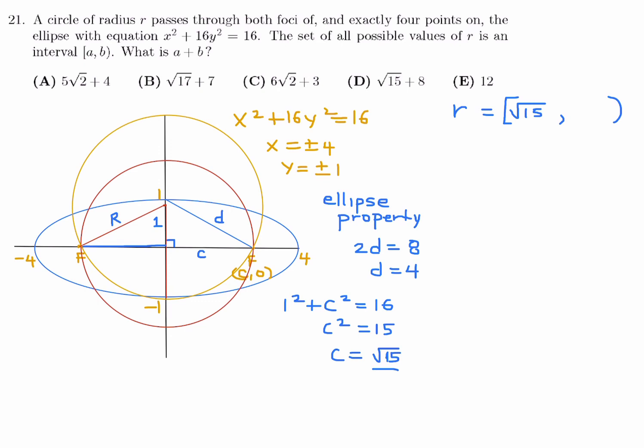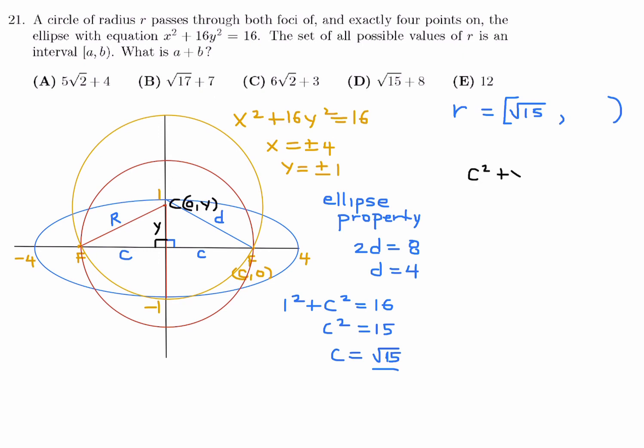From here to here is C. And if this is the center of the circle, I'll call it center. The x-coordinate is of course 0, but the y-coordinate, I'm not sure, so I'll write y. I'm going to get rid of that 1 there because I'd like to label the distance from the center to the x-axis as y. So now using Pythagoras on this right triangle, I can figure out a relationship.